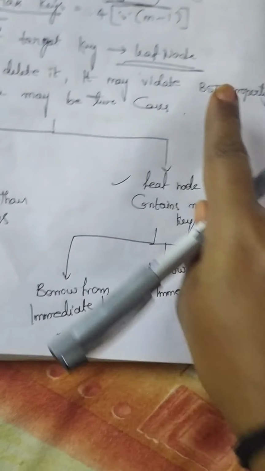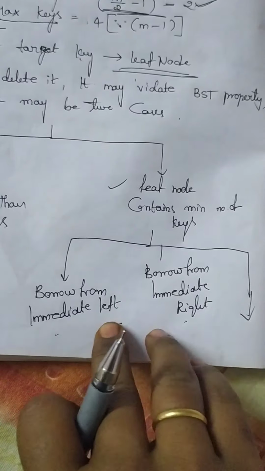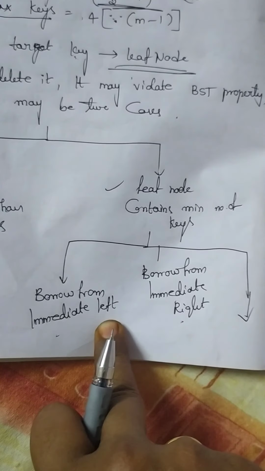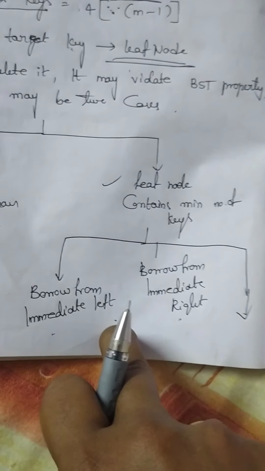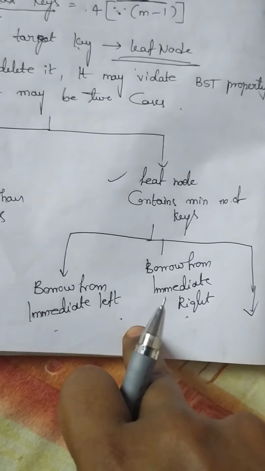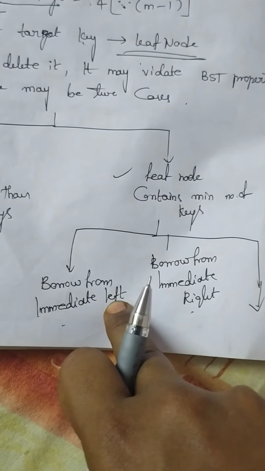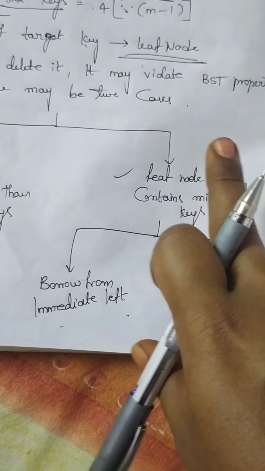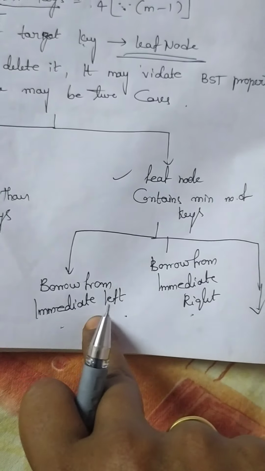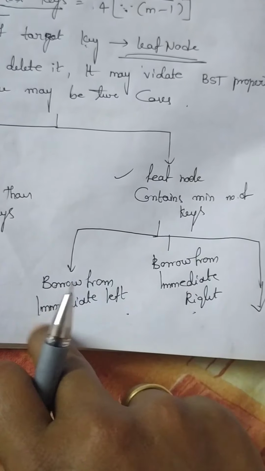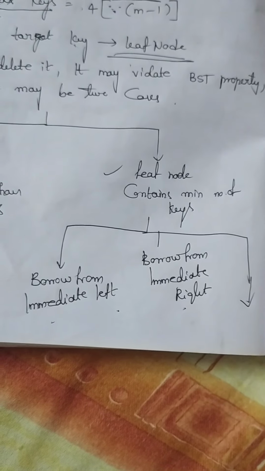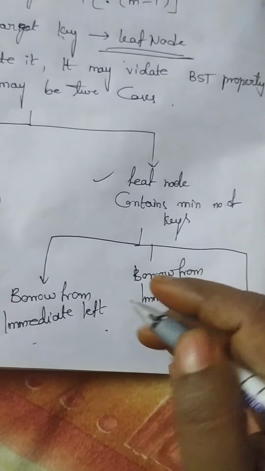Because it may violate the BST property. Why? Because it has to have a minimum of 2 keys. So if it gives one, it remains with only 1. So this is a poor condition, and it is not allowed.